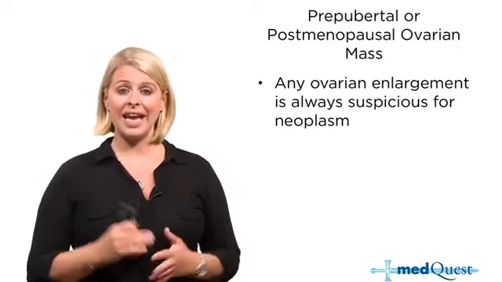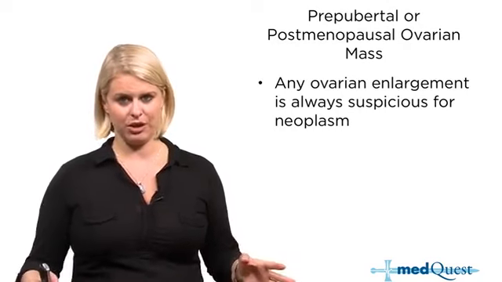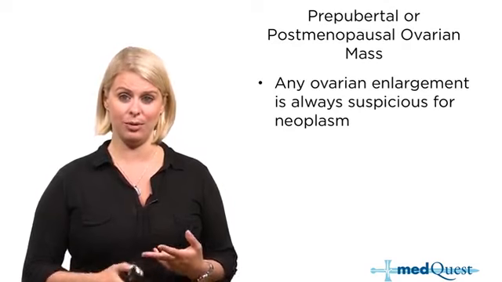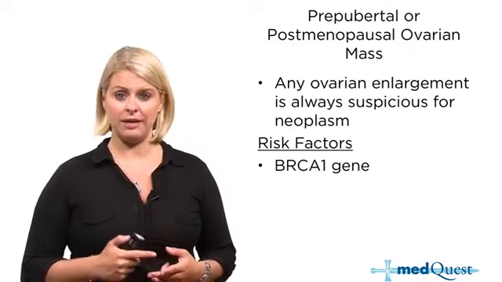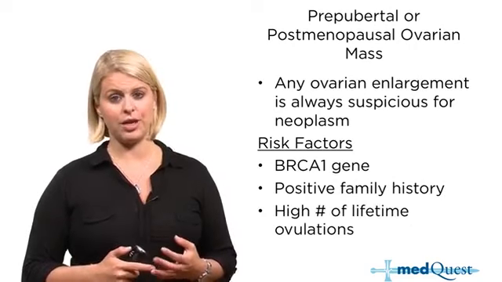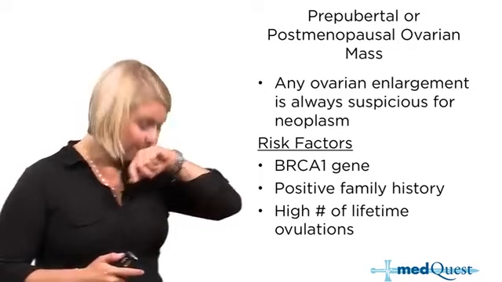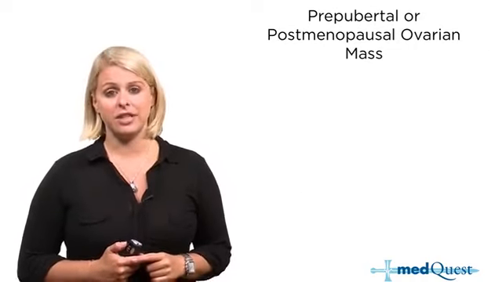Now, anytime there's ovarian enlargement, it's always suspicious for a neoplasm, especially in the prepubertal patients and the postmenopausal patients. Your risk factors are going to be a BRCA1 gene, a positive family history, a high number of lifetime ovulations, and infertility.